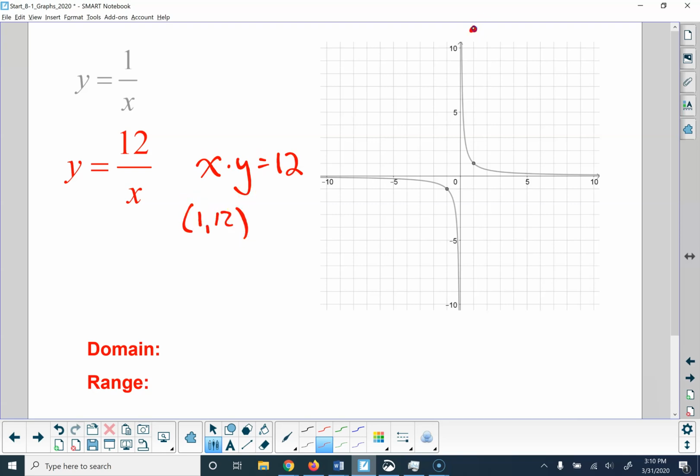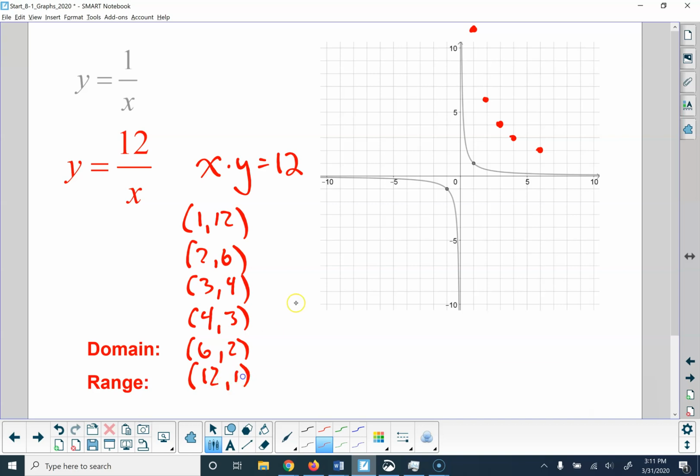That's not quite on the graph, but we can get close to it. 2 and 6 multiplies to 12. 3 and 4. 4 and 3. 6 and 2. 5 does not go nicely into 12, but 6 does. And the next number that goes nicely into 12 is 12. So 12 and 1. Out here we have the lovely branch.